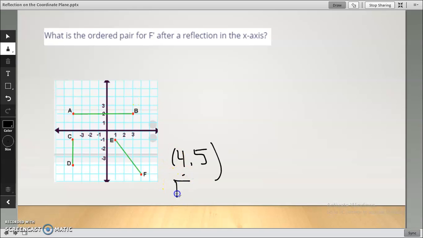So my new transformed F is going to keep the same x value, but my y value is going to change to -5. So the y value changes.